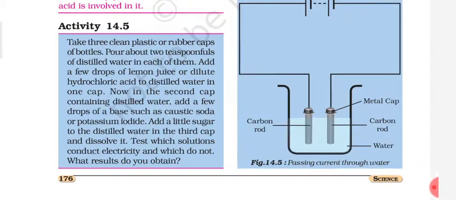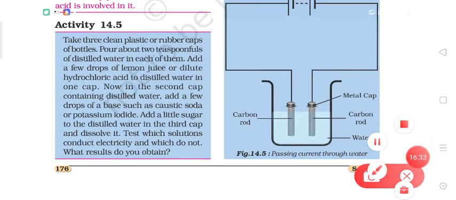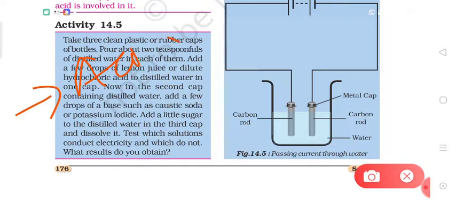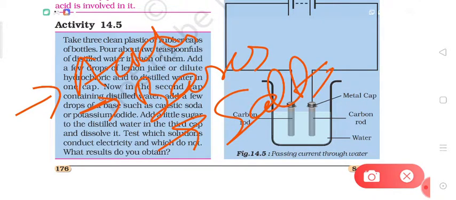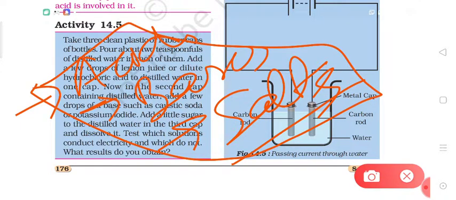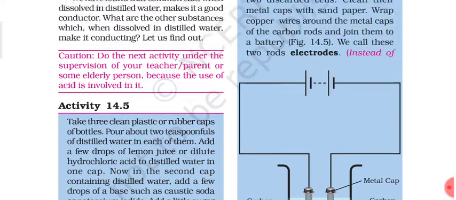So we have found three types of substances which can make distilled water a very good conductor of electricity: acids, bases, and salts. If any one of them is dissolved in water, the water will be a good conductor of electricity.